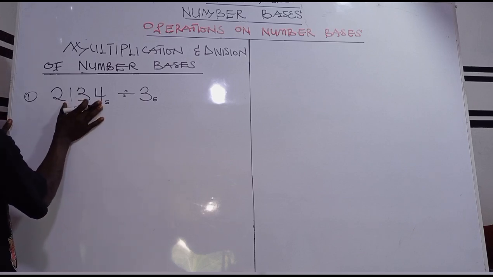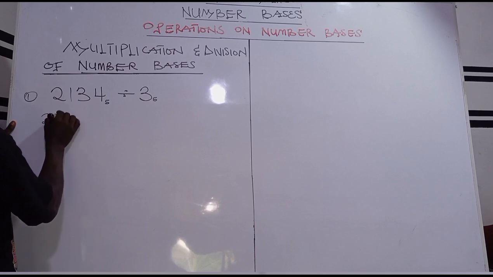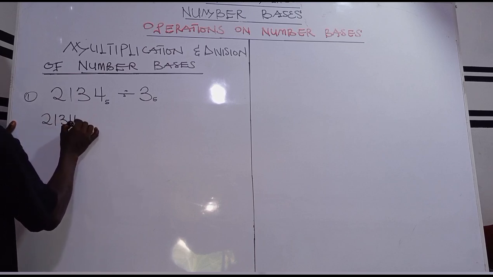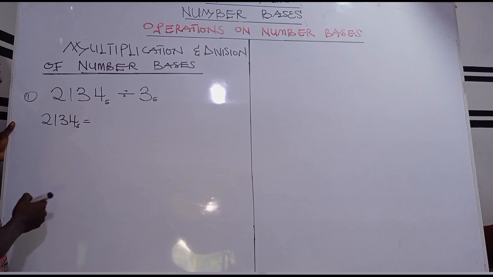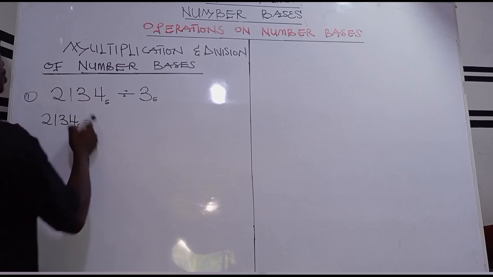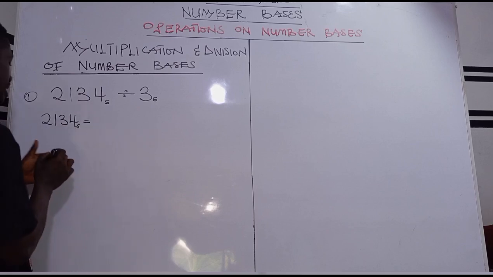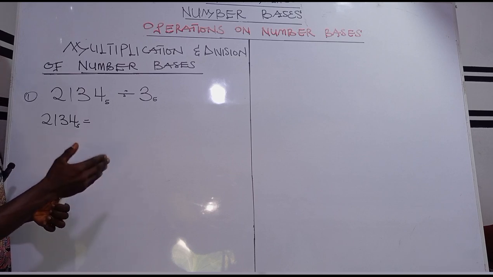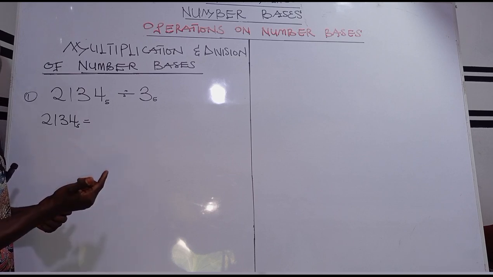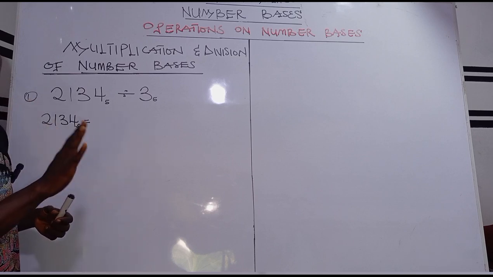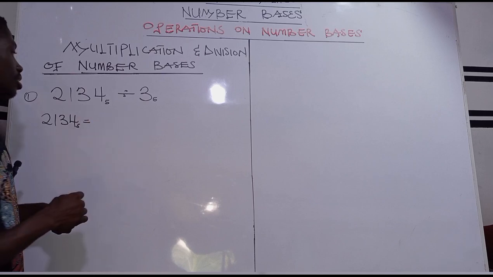So we are first going to convert 2134 base 5 to a base 10 number. We have already learned how to convert from other bases to base 10. If you have forgotten, kindly go back and watch the previous videos on that. Good.